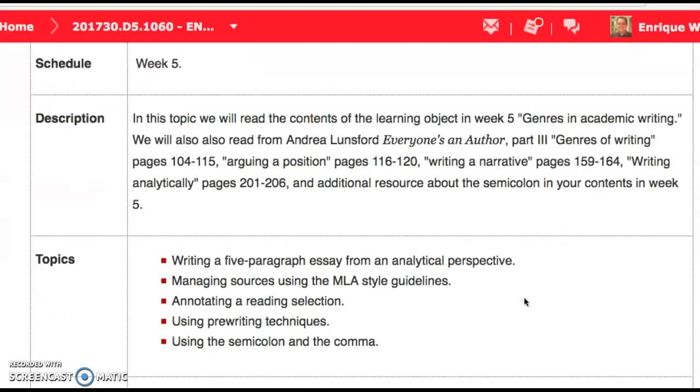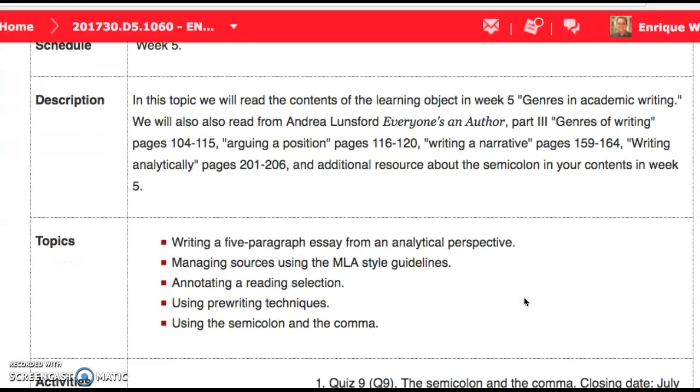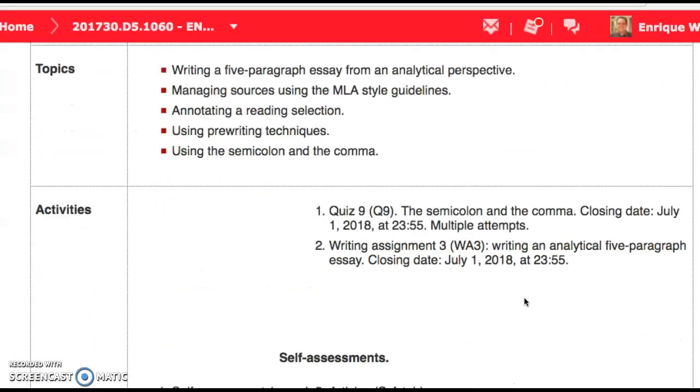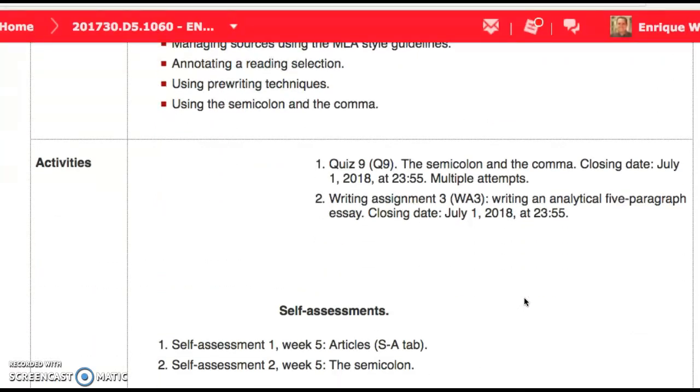In this unit, I wanted to explain something in detail. If you read Andrew Lansford's chapter, you realize that it's a long chapter, it gives you lots of information, but the topic is loosely covered. Andrew Lansford doesn't study the analytical essay in detail.